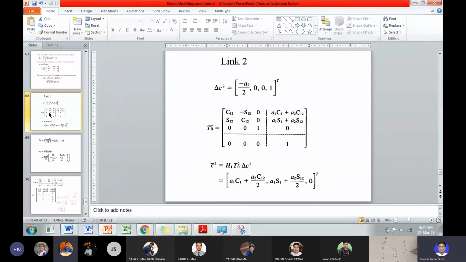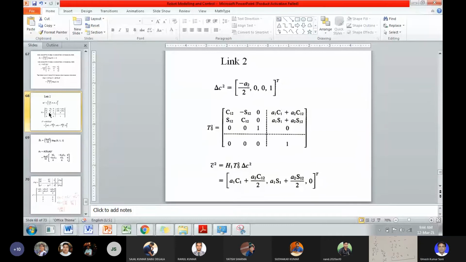Is it clear now? 0 0 1 and this A1 C12 plus A2 C12, A1 S1 plus A2 S12, 0 0 0 1 and this is 1. Okay, is this matrix clearly visible?